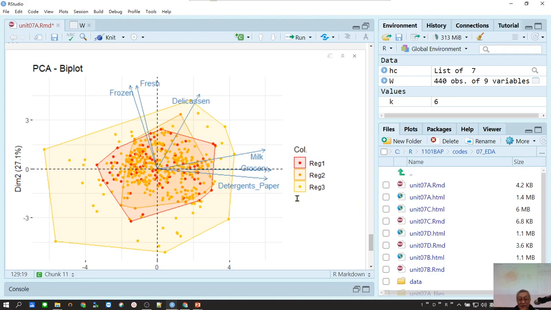Except that region 3 is distributed wider, right? Okay? So together, clustering and dimension reduction help you to uncover the hidden groups amongst the subjects.